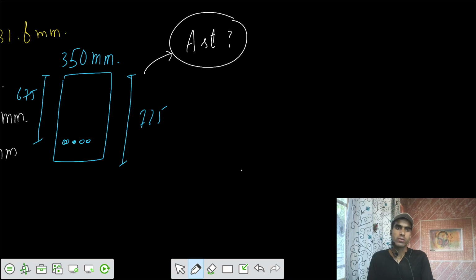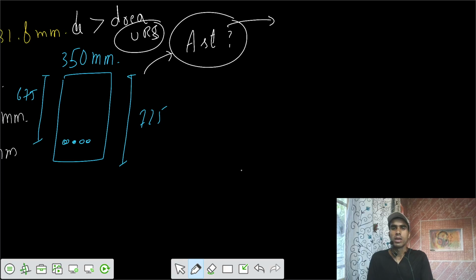Since we have kept the D greater than D required, it is directly an under reinforced section. So I can now directly say what AST is. That should be AST corresponding to MU external.